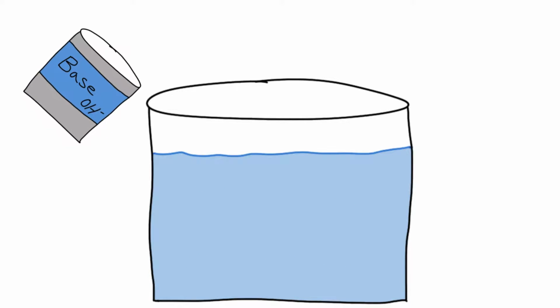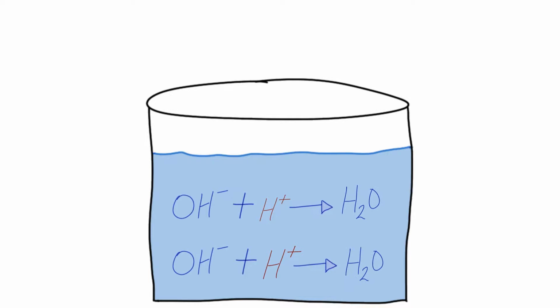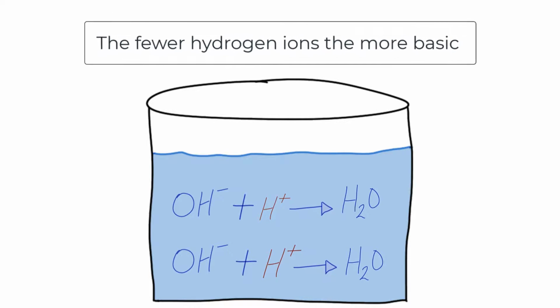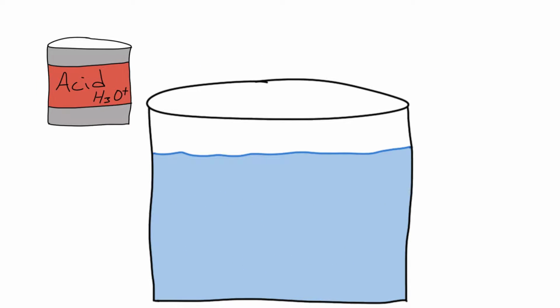Now if you took a base and added it to the water, the base will react with the hydrogen ions in the water, so there will be fewer hydrogen ions in the water, which makes it more basic.